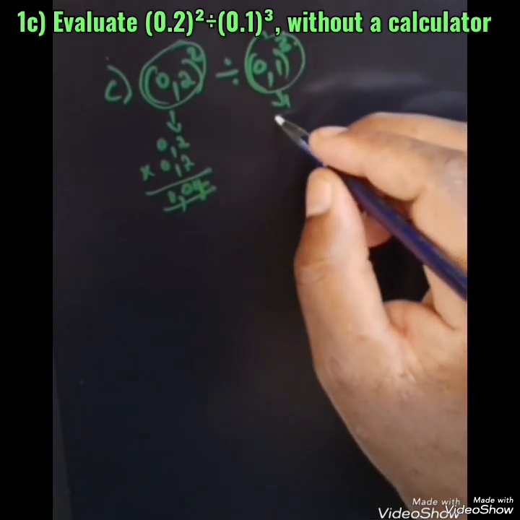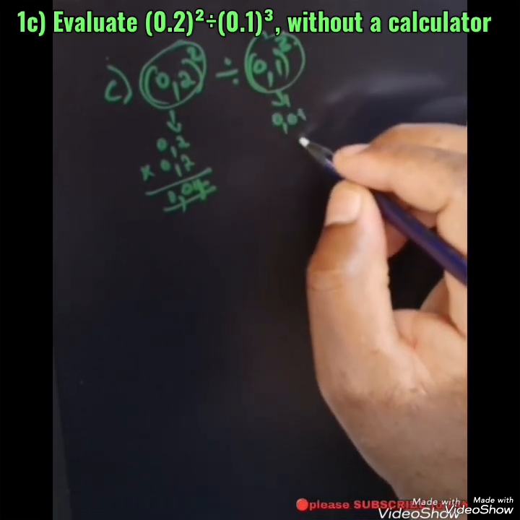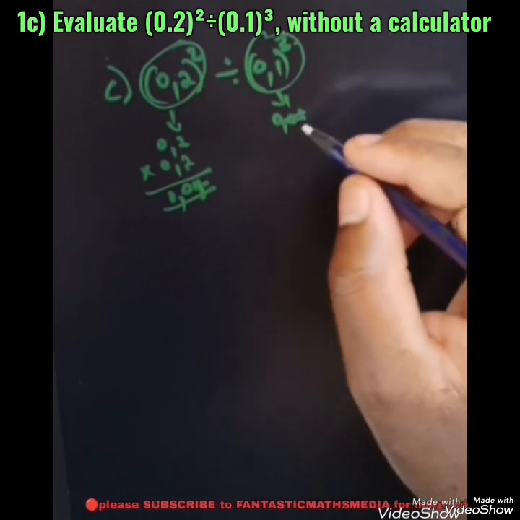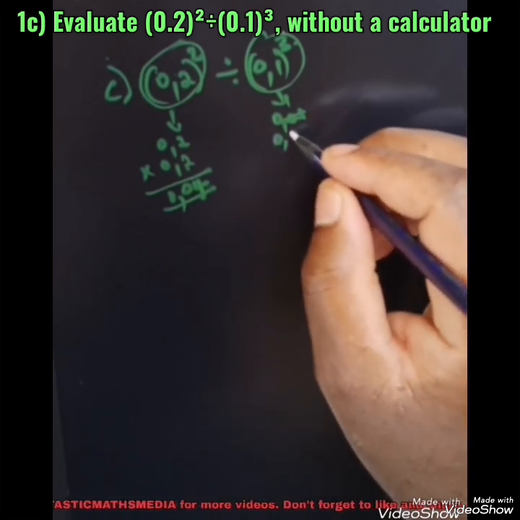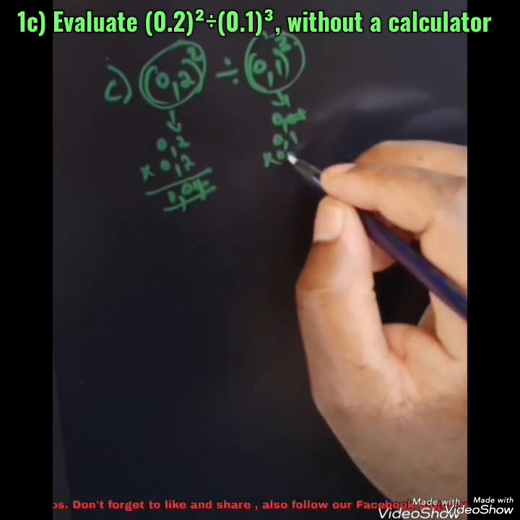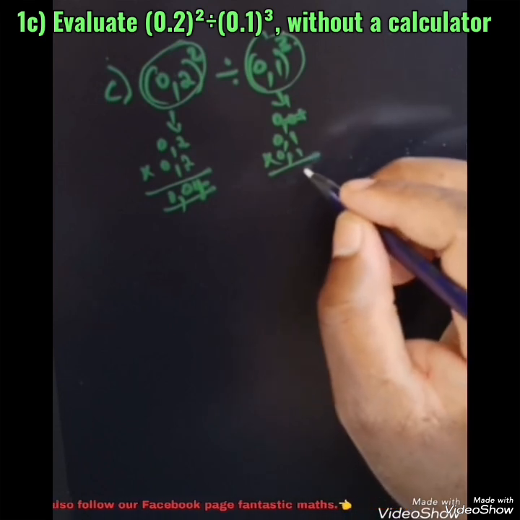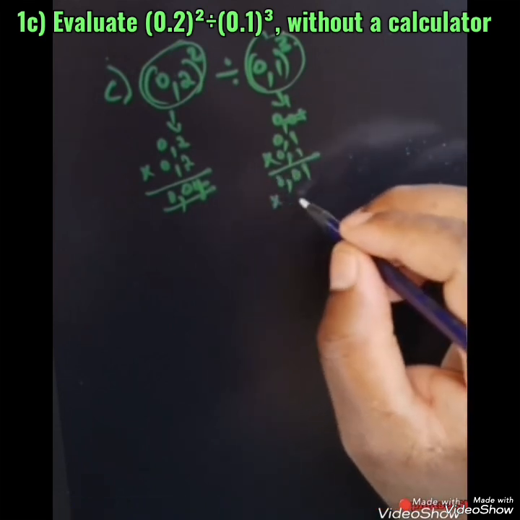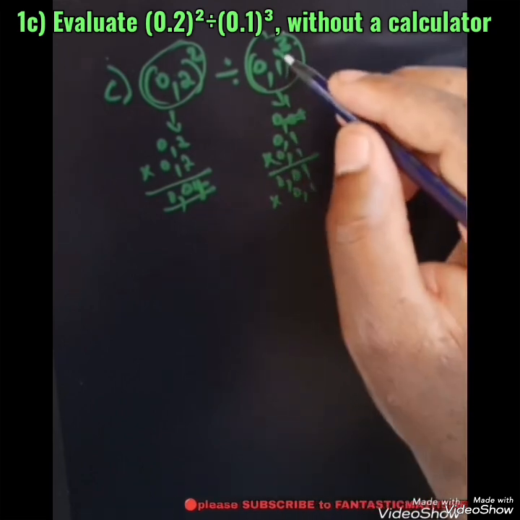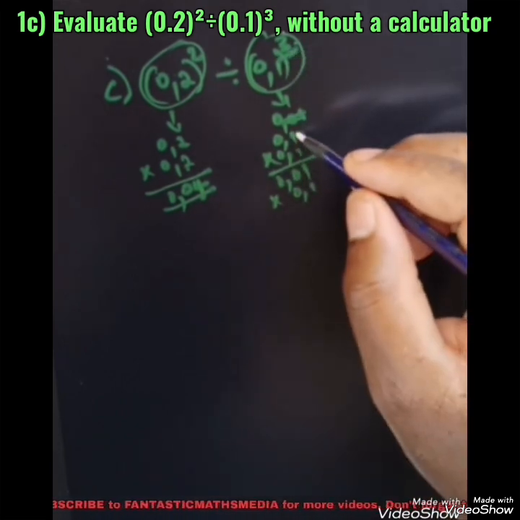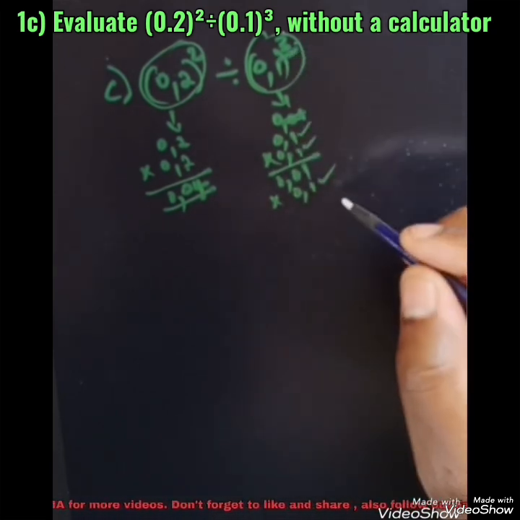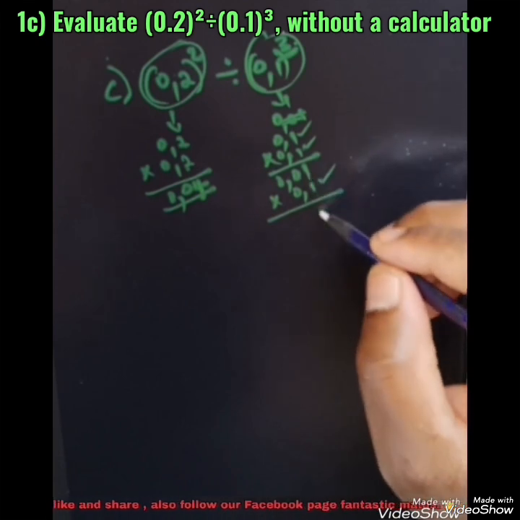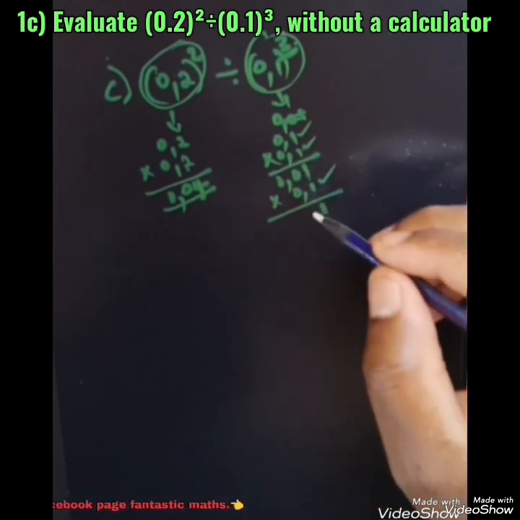Let's multiply 0.1 times 0.1. 1 times 1 is 1. Number of decimal places, 2. So 0.01 times 0.1. Since 0.1 is raised to the power 3, we have to multiply it 3 times by itself.